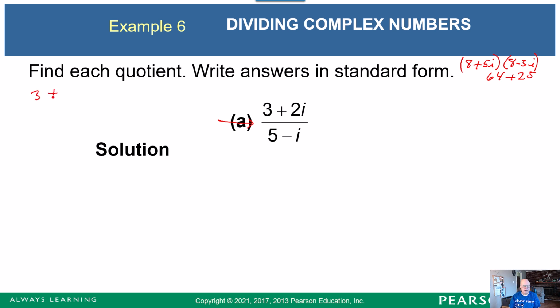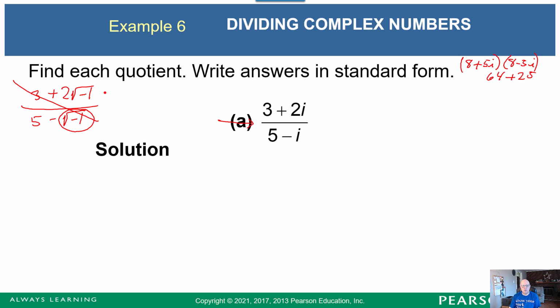3 plus 2. Now that i is the square root of -1, so I'm going to write it in. Now on the bottom, we've got 5 minus the square root of -1. The reason we wouldn't leave this as our final answer is we've got a square root or any kind of root in the denominator.